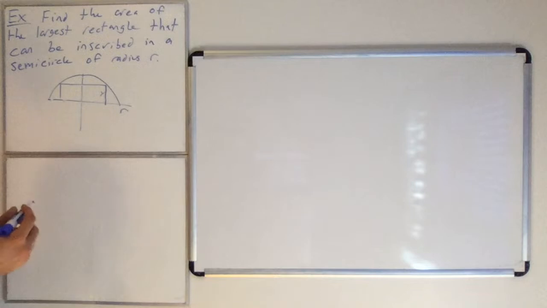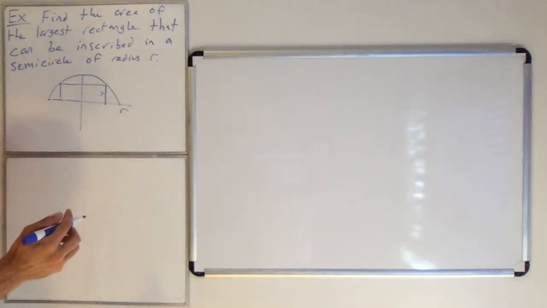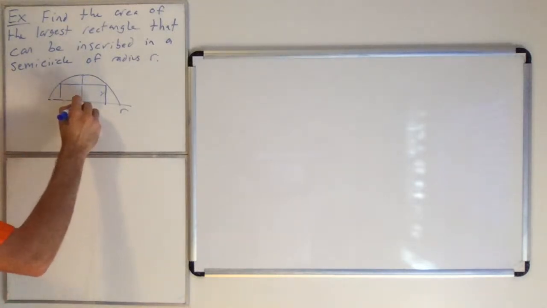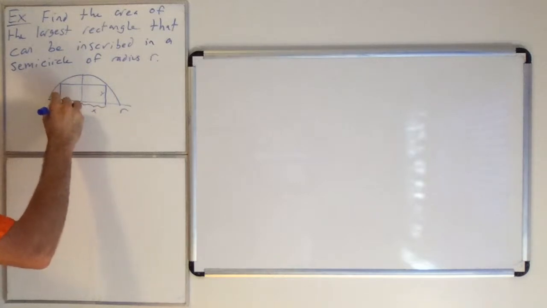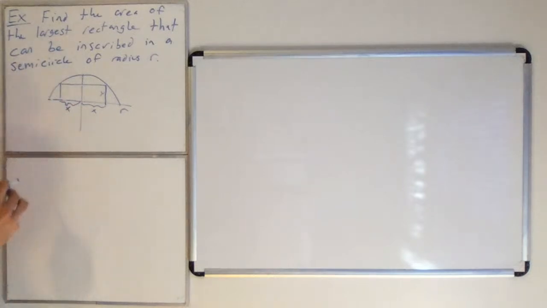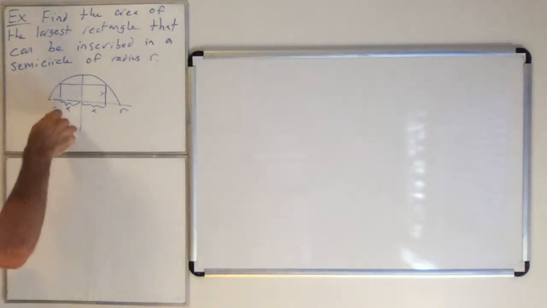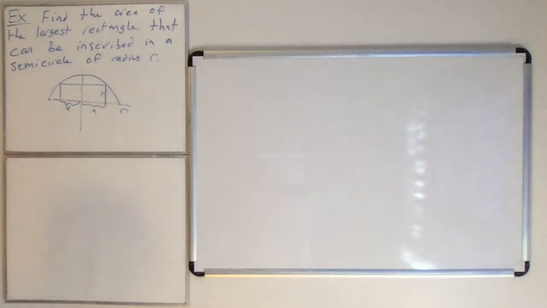And for the sake of making this question easy for us, we'll say it goes over x to the right, and it also goes over x to the left. That will make the question a little bit easier than having x be the entire length. Okay, so we have a goal. We're trying to maximize something, and then we have constraints.